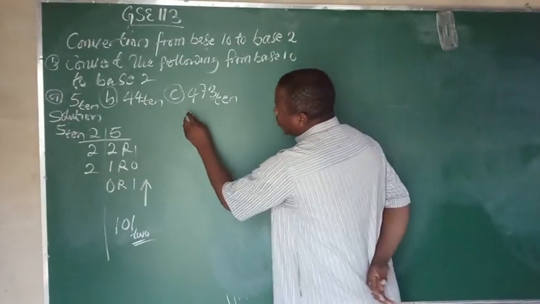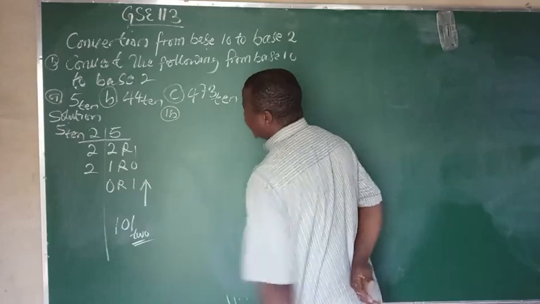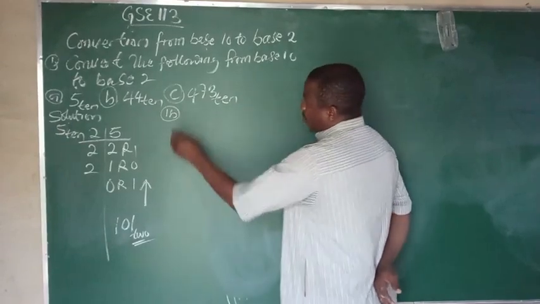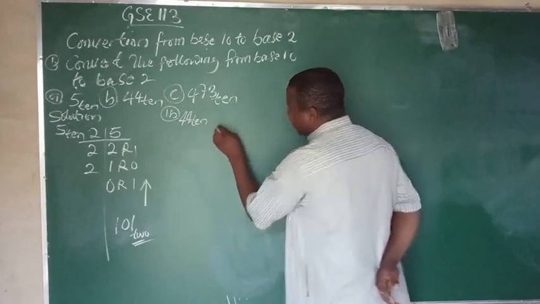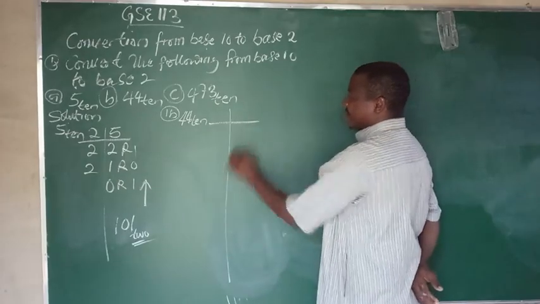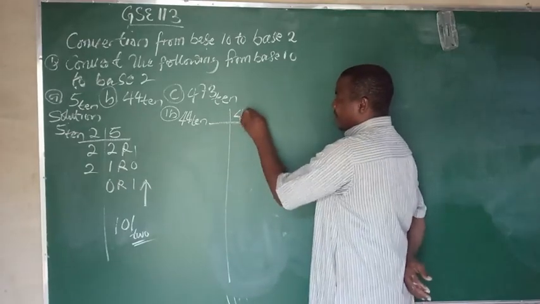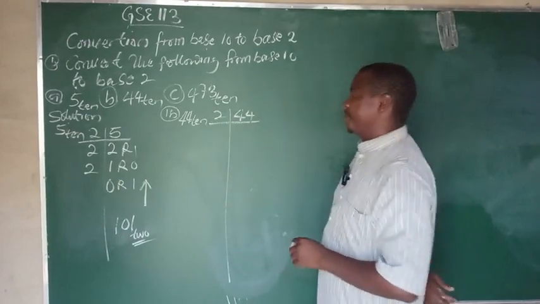Then going to 1B, which is 44 base 10, we also draw a line like this. Then we divide by 2.